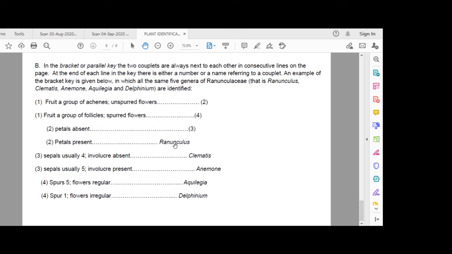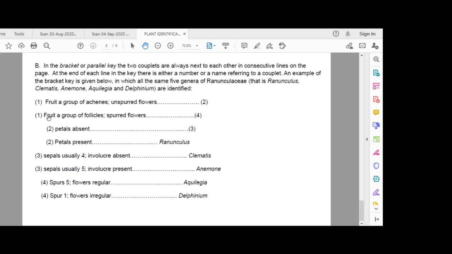Petals present is Ranunculus. When petals absent, number 3 is discussed here. When petals absent, sepals usually 4. The next character is involucre. Involucre absent, then it is Clematis. Sepals usually 5 and involucre present, then it is Anemone.